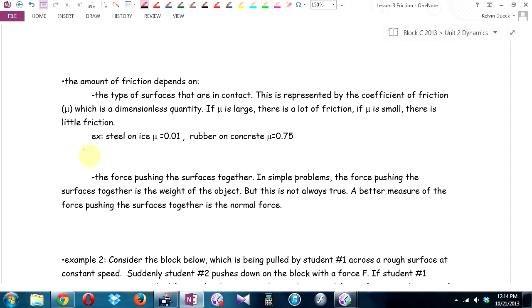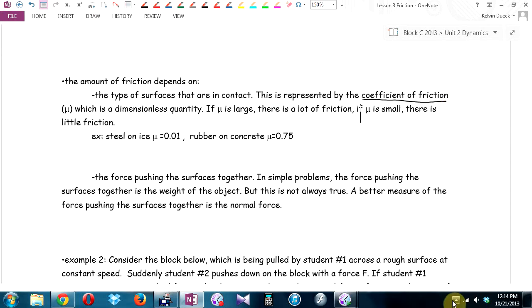Glue, way more friction. And in fact, we have a number that describes how sticky one object is in comparison to something else. We call it the coefficient of friction. Now, a lot of students think that that's a force. It's not. All it is is a ratio.